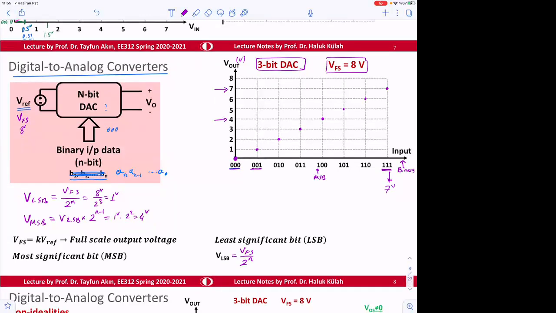Because how are we going to implement this? This is going to be implemented with resistors and transistors, some other components. But if those components are ideal, this is what we will be getting as the output.